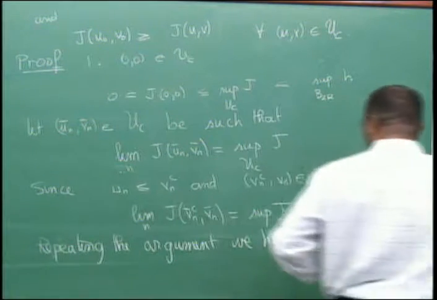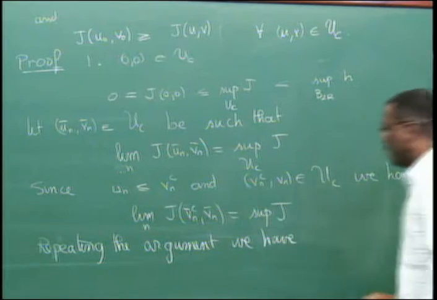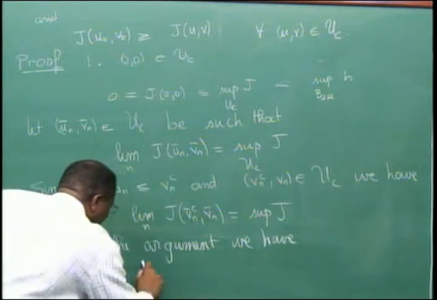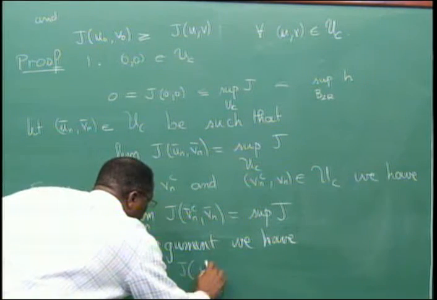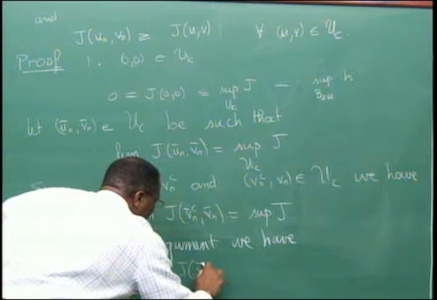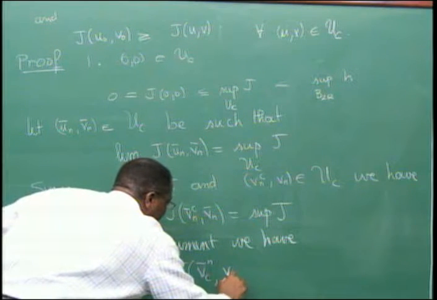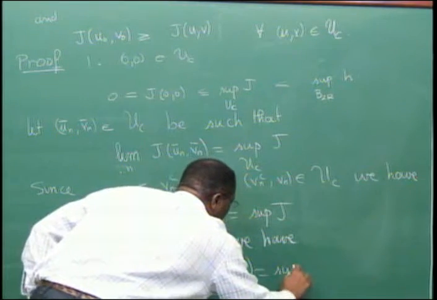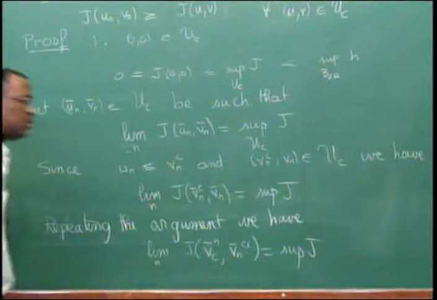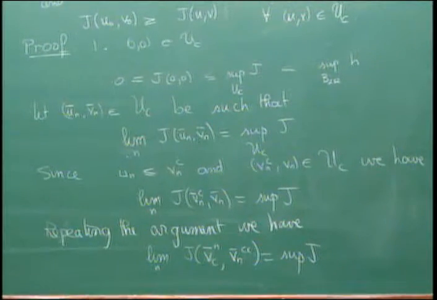I can repeat the argument here and say that the limit when n goes to plus infinity of J of (v bar nc, v bar ncc) is the supremum of J.